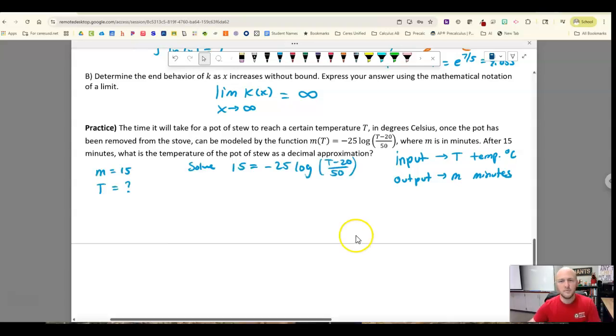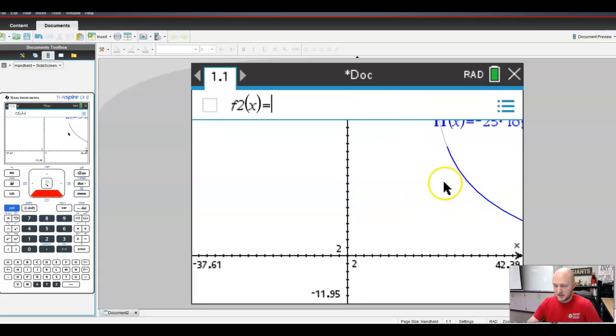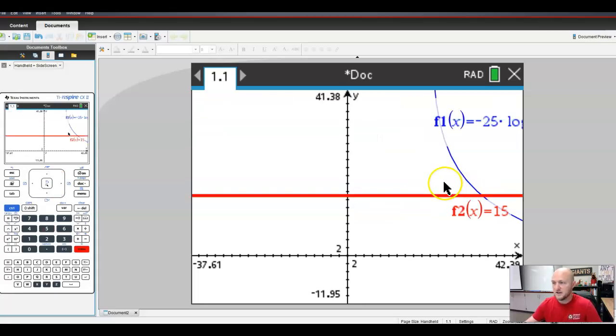Pause me. Okay, so hopefully you identified that they give you 15 minutes. That's the output. They say after 15 minutes, what is the temperature of the pot of stew as a decimal approximation. So you're solving for T, which is the input. So we're going to have to solve graphically, or I guess you could solve this algebraically, but we're going to graph negative 25 log of (t minus 20) over 50, again, use x. We graph it, here's what it looks like, and then I'm going to graph the line 15, and then their intersection is the solution.